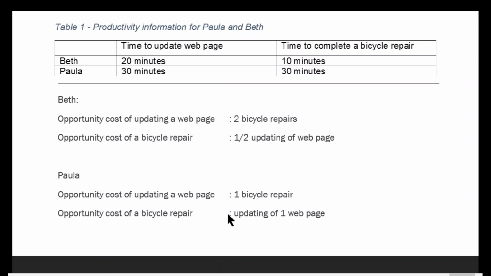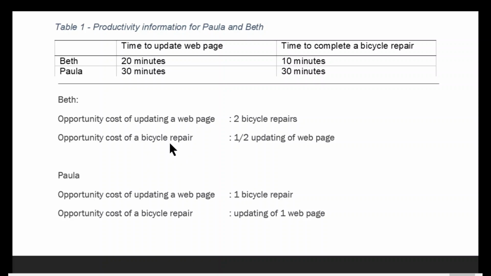Meanwhile, Paula could lose one updating of one web page. So based on the computation, who has a lower opportunity cost between Beth and Paula in terms of bicycle repair? So we can see here that Beth has a lower opportunity cost of a bicycle repair.